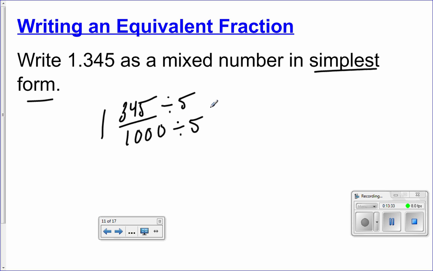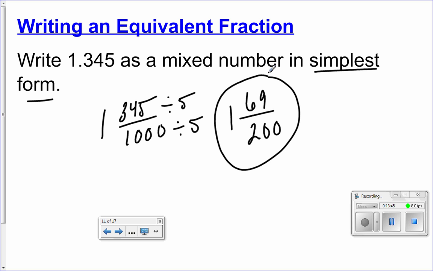So using your calculator, 345 divided by 5 is 69, and 1,000 divided by 5 is 200. And I have a 1, so my answer is 1 and 69 over 200. I know this is simplified because I cannot divide the top and bottom by any other number.